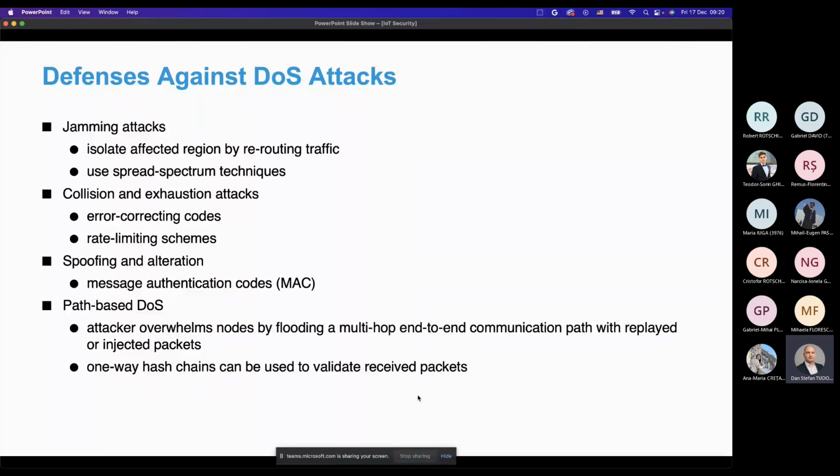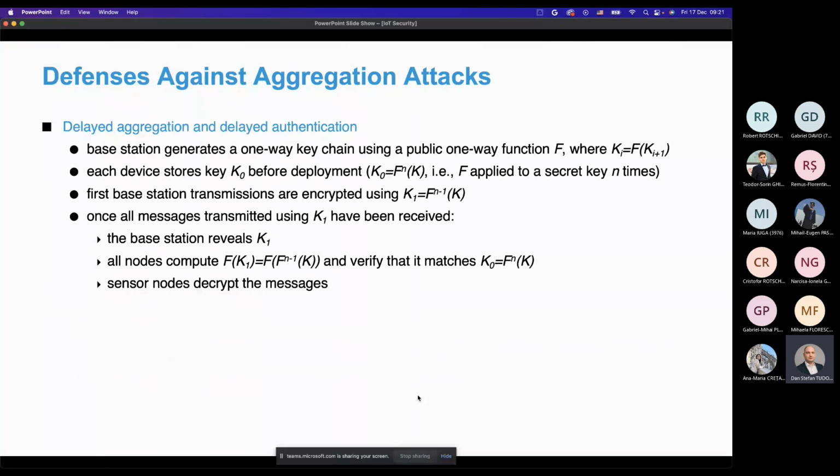Each node in the network utilizes the hash chain to validate the received packet. A node systematically cycles through the chain to determine, whenever a packet is received, whether it's from a trusted source or not. If a packet cannot be validated through this hash chain scheme, then it is dropped. So you can stop denial of service attacks by employing such a scheme.